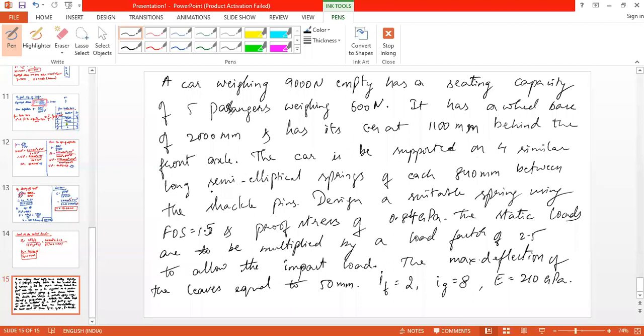The car is supported on 4 semi-elliptical springs of 840 mm span between the axles. Design is suitable using a factor of safety 1.5 and a stress of 0.84 gigapascal. The static loads are to be multiplied by a load factor of 2.5 to allow impact load. The maximum deflection of the leaf is 50 mm and the number of full length leaves is 2 and graduated leaves is 1. So this is the question.